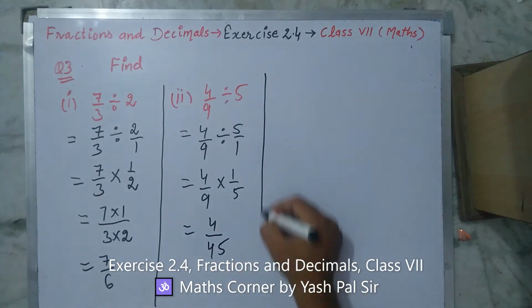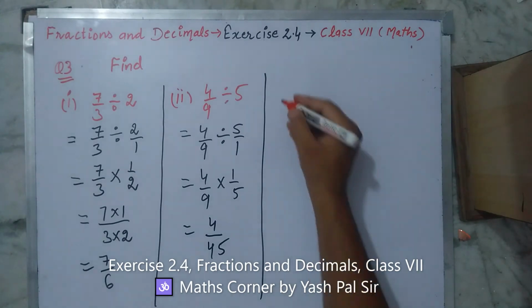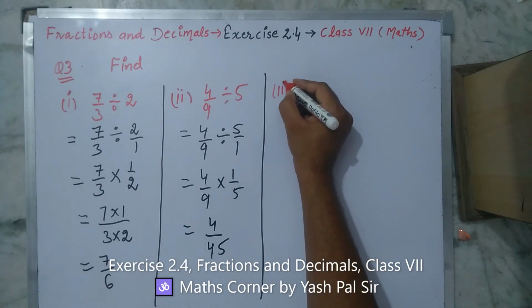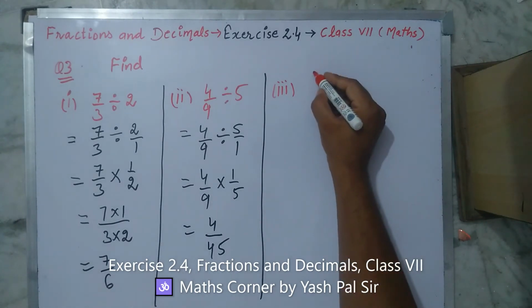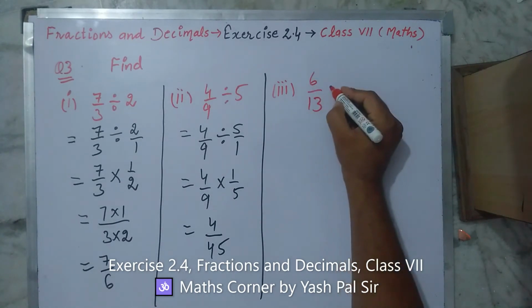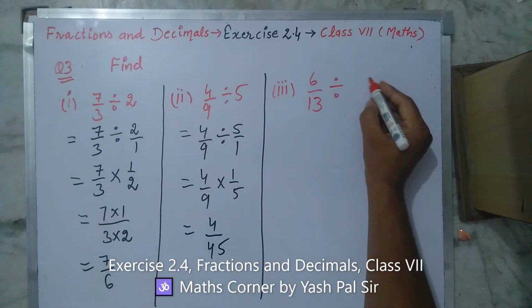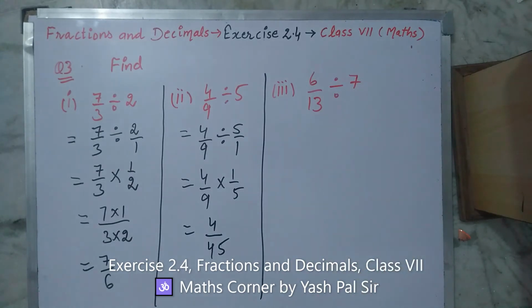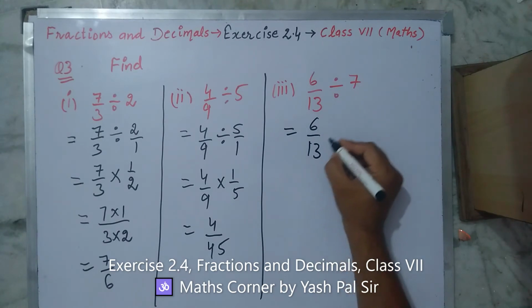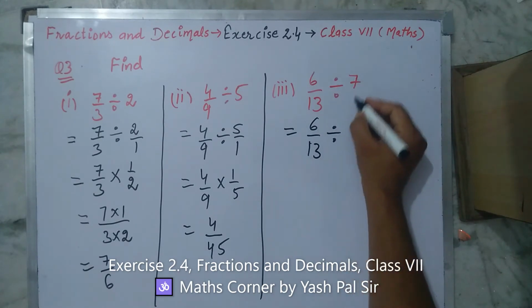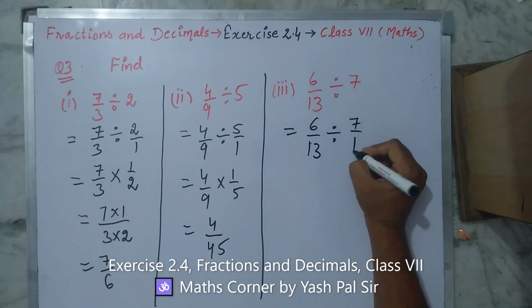Our next part is part number 3. In this part we have 6 upon 13 divide 7. So this is equal to 6 upon 13 divide, writing 7 as 7 upon 1.